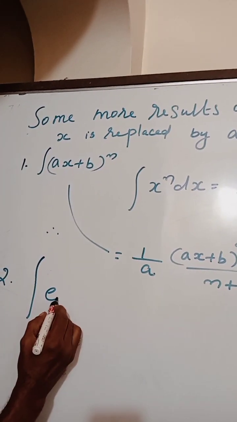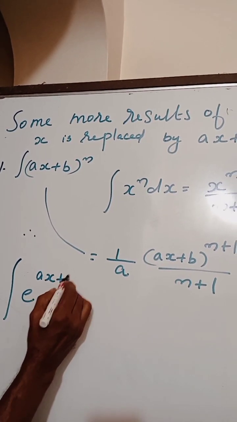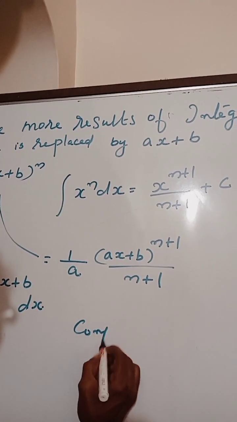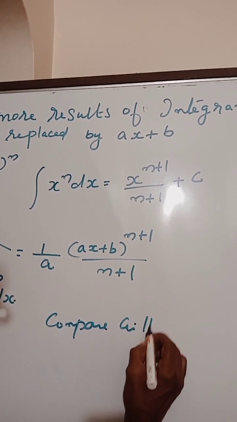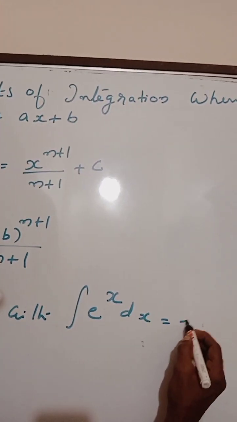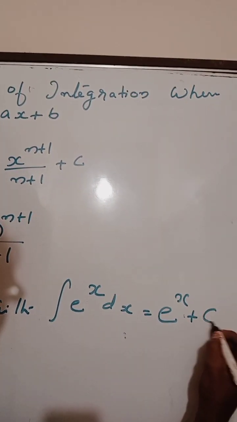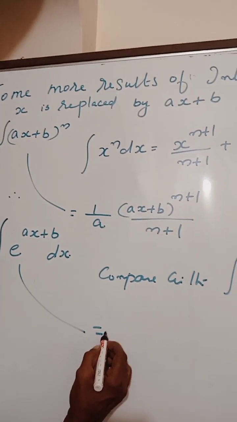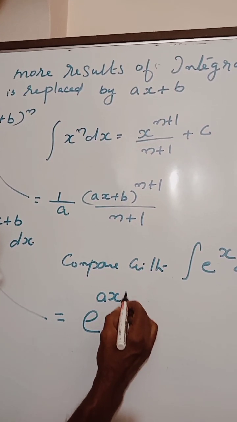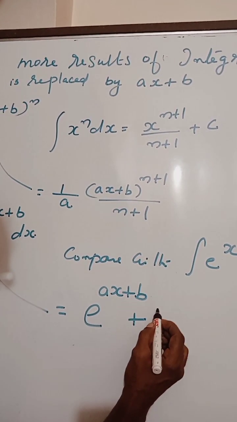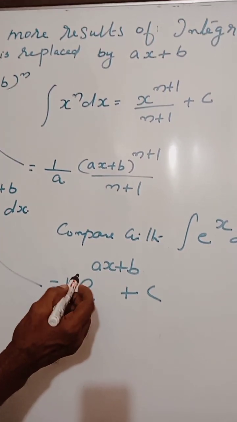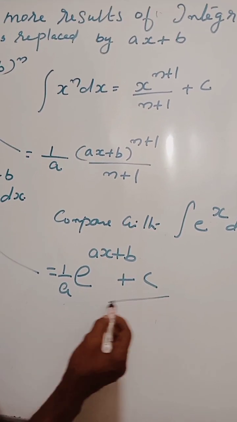Second, integration of e raised to ax plus b into dx. Compare with the integration of e raised to x dx is equal to e raised to x plus c. Therefore, this is equal to 1 by a into e raised to ax plus b plus c is the result.